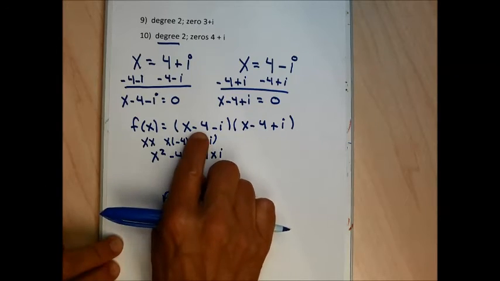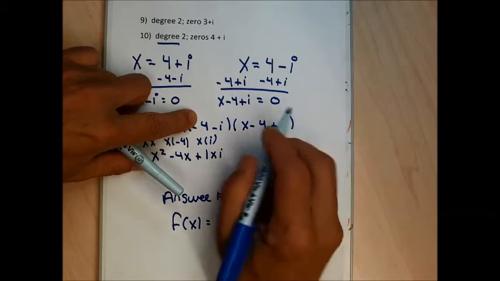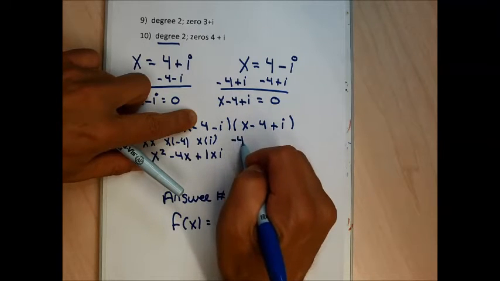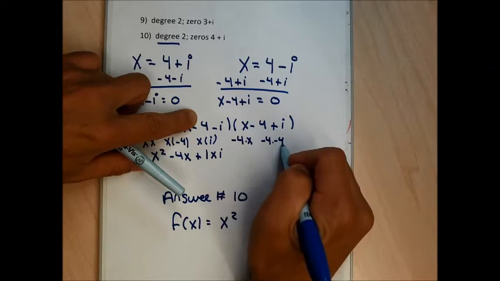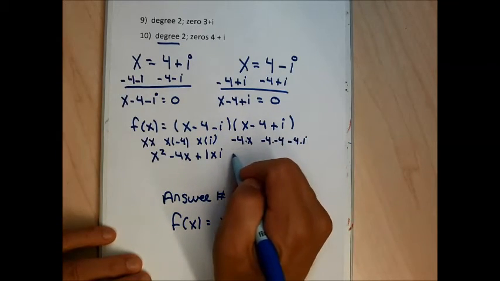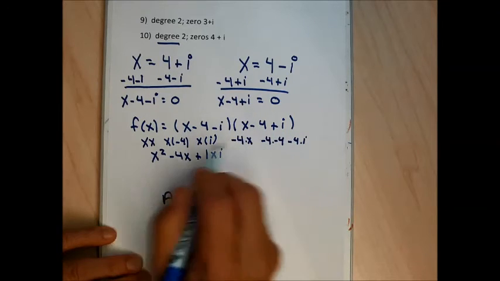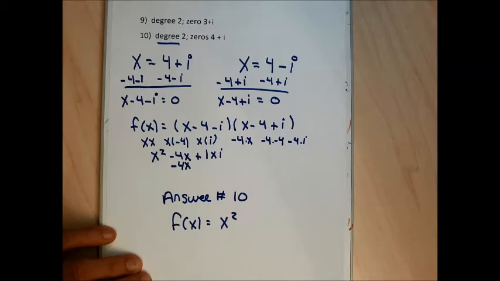The next multiplications I need to do are with the negative 4 multiplied by each of the things in the right parentheses. I'm going to go negative 4 times x, negative 4 times negative 4, and negative 4 times i. Negative 4 times x is going to be a minus 4x. I'm going to write it right under the other minus 4x to make it easier to do.